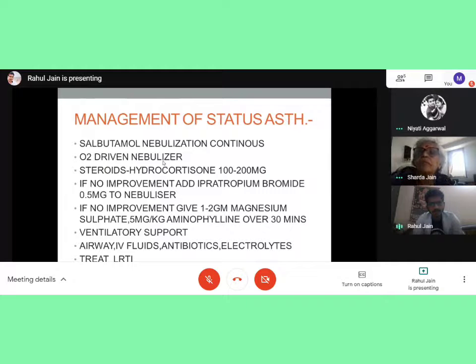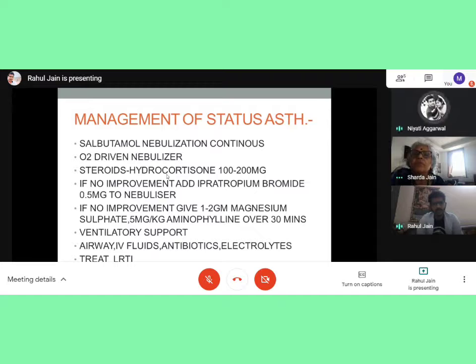The same salbutamol we use, but in this case we use a nebulizer. We ask the patient to take breaths of whatever I put in the nebulizer, and over a period of 20 minutes the patient starts getting better, and I will also give him steroids to stop the ongoing inflammation.